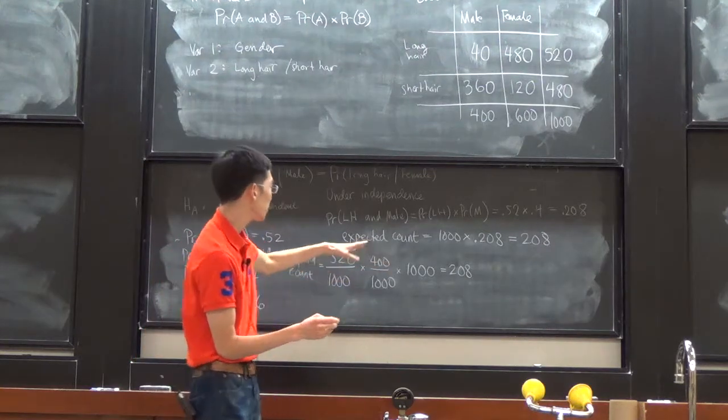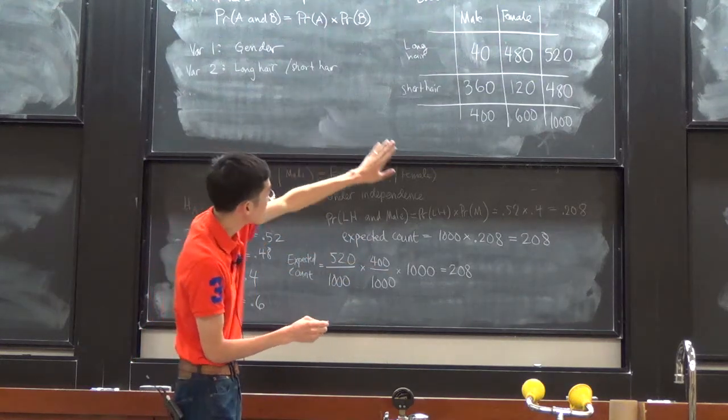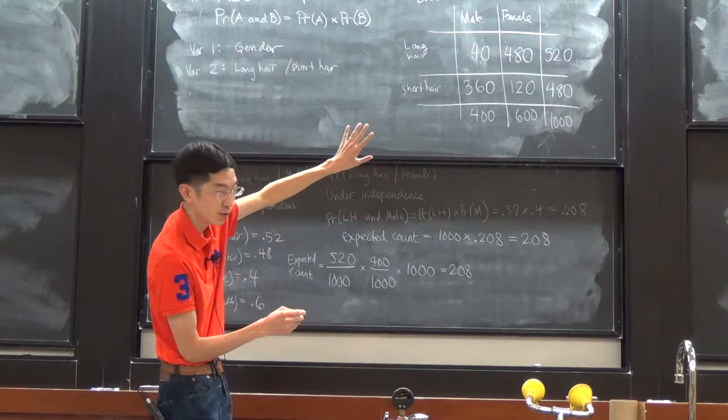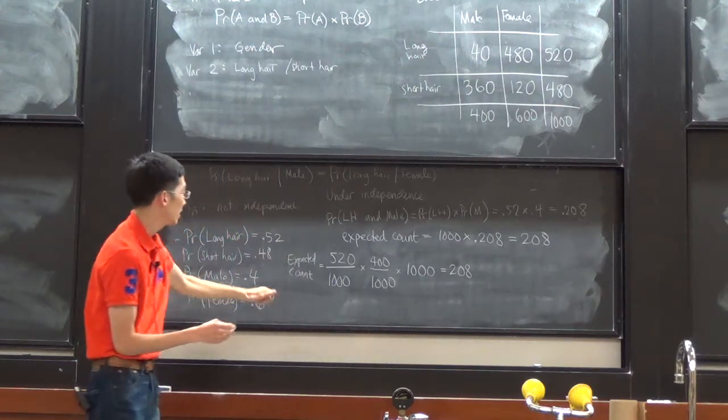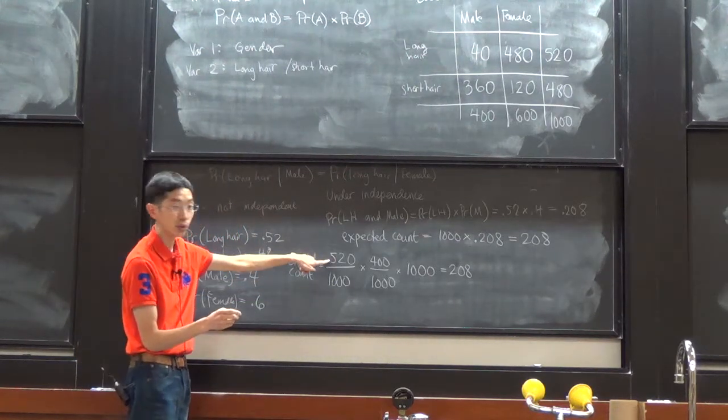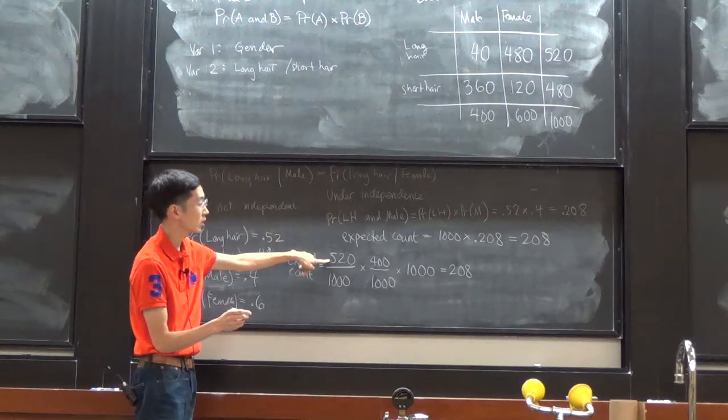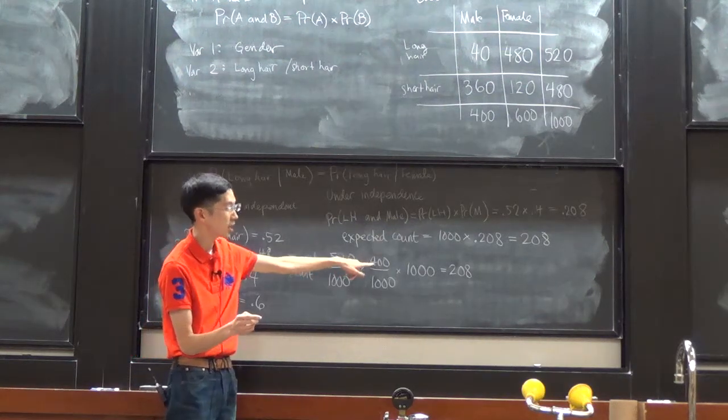This can all be simplified into a form that can be used for any cell. We take the row total, 520, multiply it by the column total.